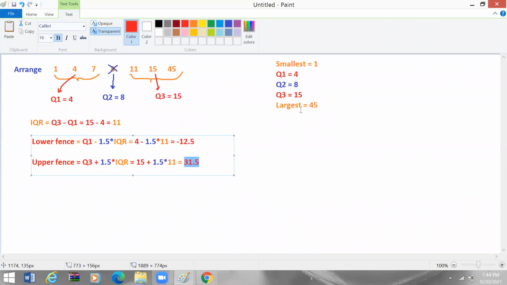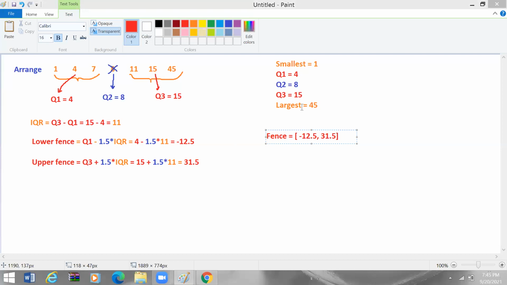So what's happening here is that the fence we set up will be between negative 12.5 and 31.5. Can you find me any values that are smaller than negative 12.5 or bigger than 31.5? The answer is yes, right?